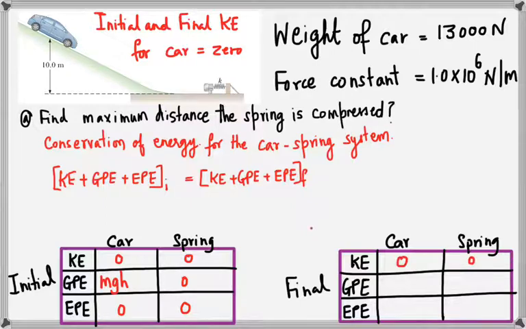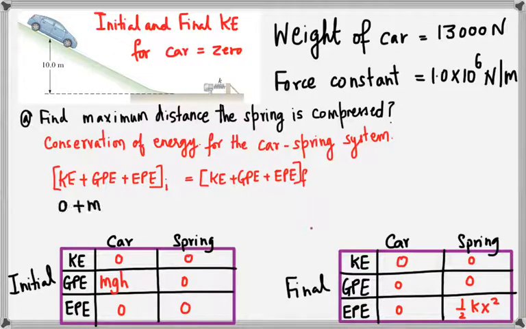Final kinetic energy for the car and spring is 0. GPE for both of them is 0, because finally the car will come to the ground, and the spring was already on the ground. EPE for the car is 0, but when the car comes down, it will compress the spring. So the EPE for the spring will be half kx square.